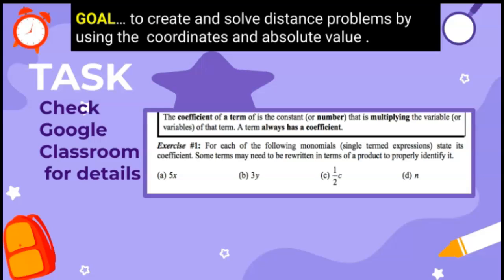So what we're going to do today is to simplify, group together coefficients and terms. We start off with the coefficient of a term, which is a constant or a number that is multiplying the variable or variables of that term. A term always has a coefficient.